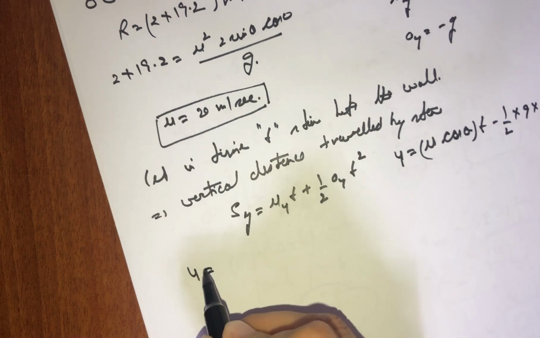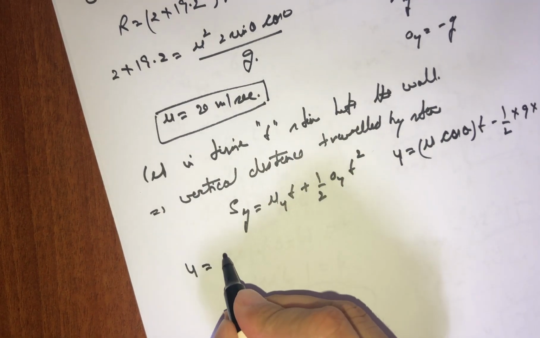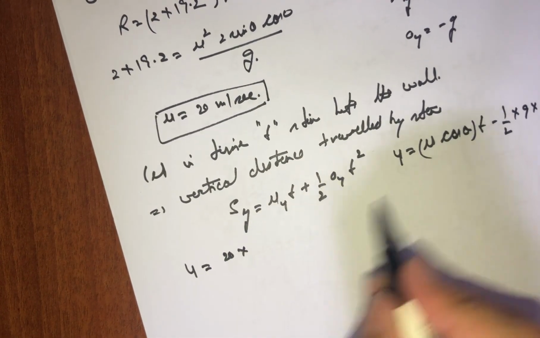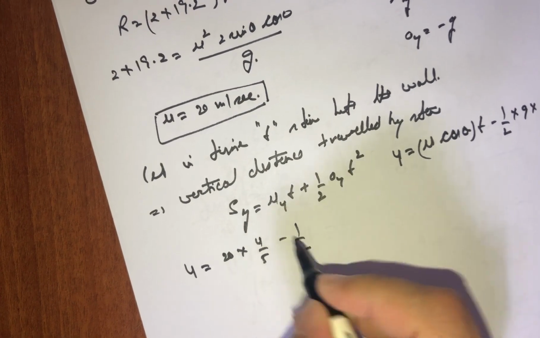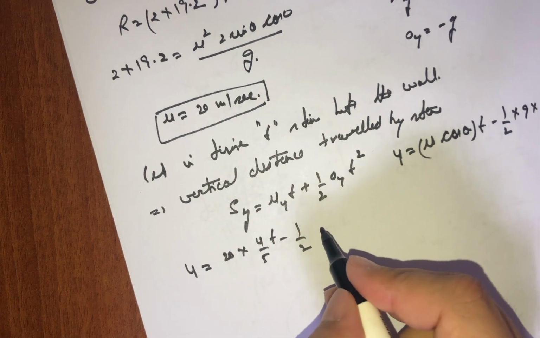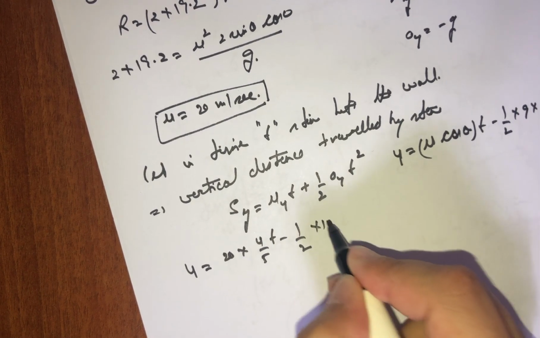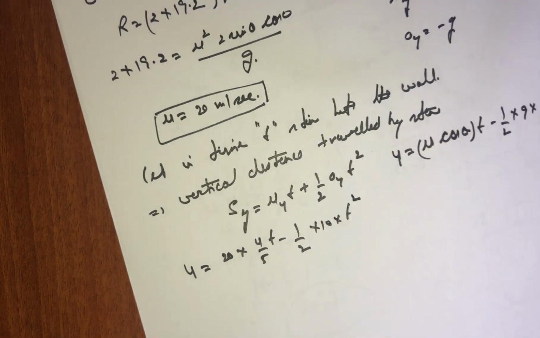So 4 is equal to u, which we already know is 20, cos theta, which we already know is 4 upon 5, minus 1/2 multiplied by 10 multiplied by t square.